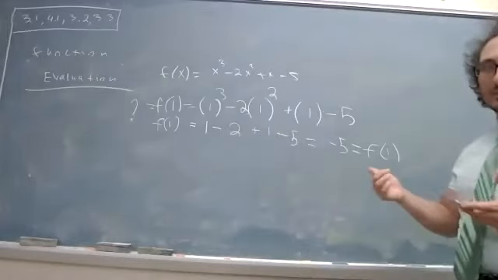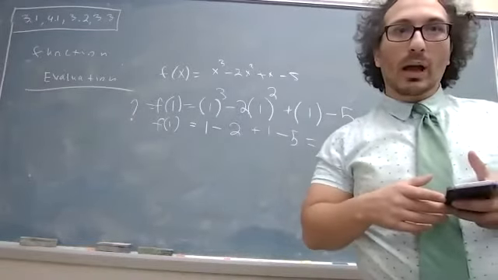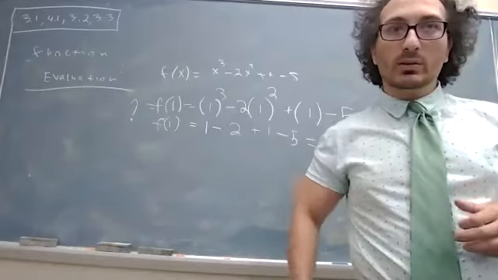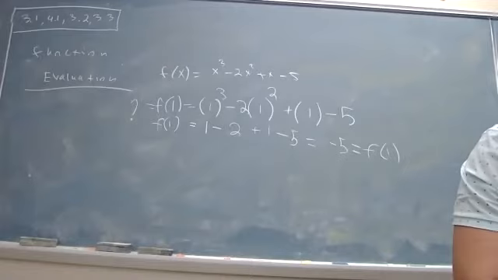Did everybody catch that? Did you guys see how that happened over here? What happened to the 1 squared? 1 squared is 1 times 1, which is 1, so it just turned into a 1.